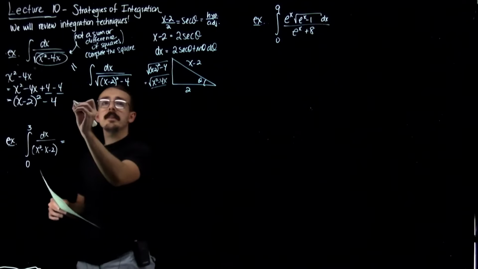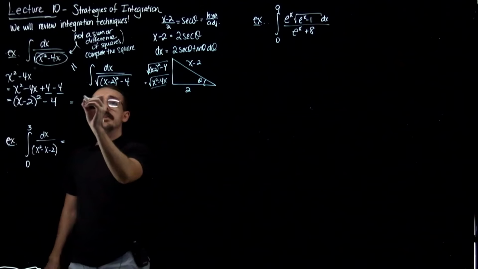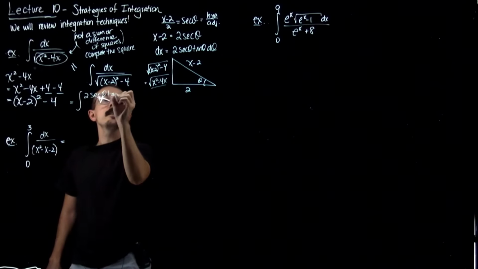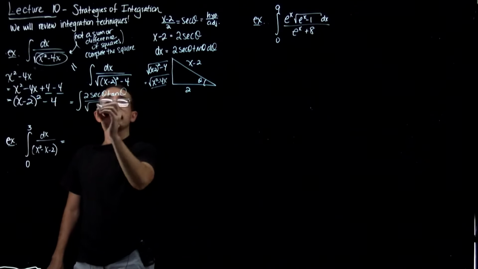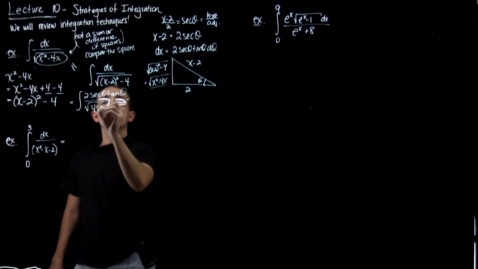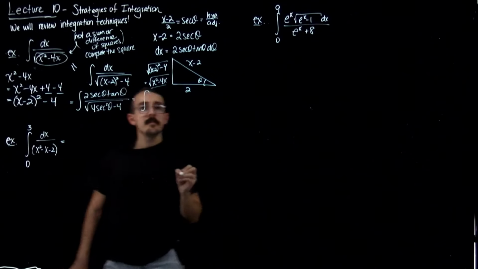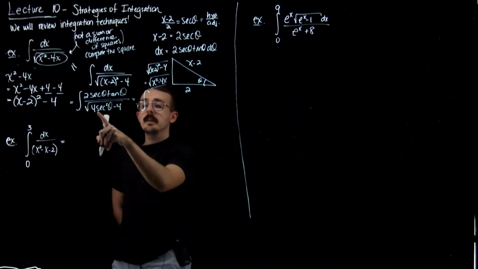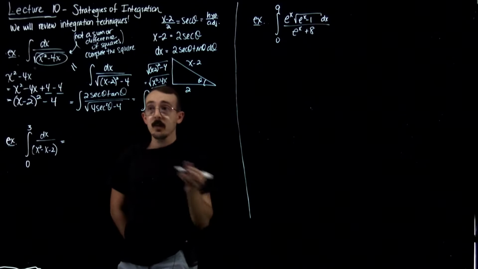Okay, so now let's make our substitution. dx is the same thing as 2 secant theta tangent theta. x minus 2 is 2 secant. So if I square that, I'm going to get 4 secant squared minus 4. And now from here, I'm going to say, well, secant squared minus 1, we know that is tangent squared.